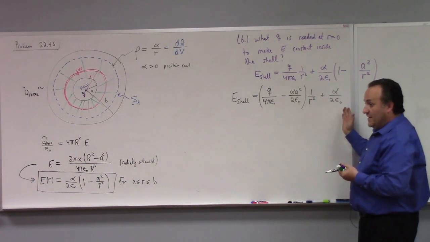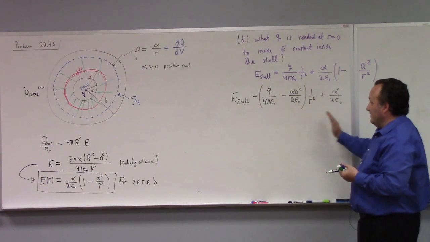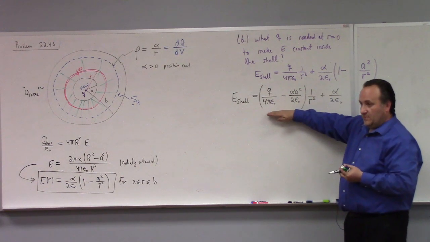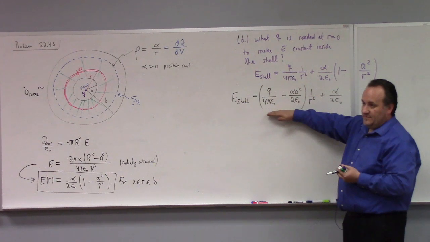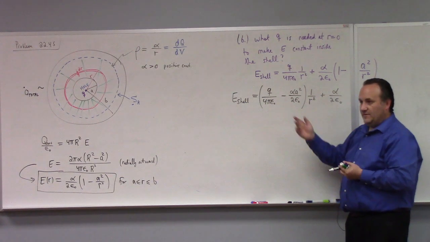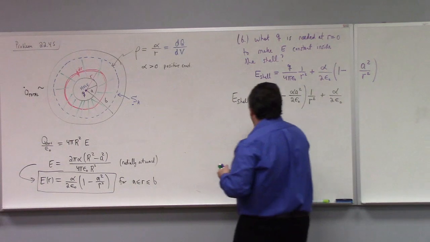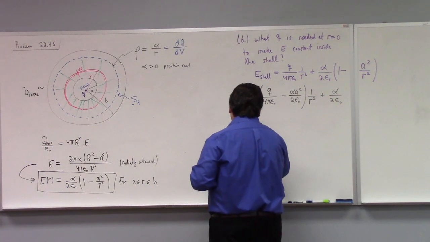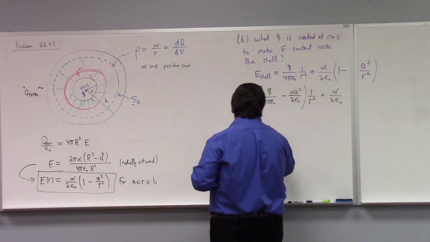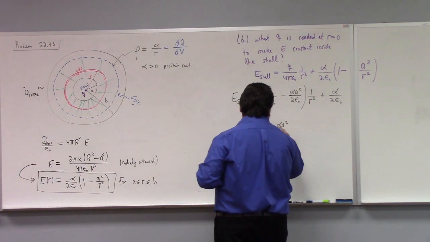But the question is to make the electric field constant. So we must somehow make this 0, right? How do you make it 0? Well, set that coefficient equal to 0. So we need q over 4 pi epsilon naught equals alpha a squared over 2 epsilon naught.